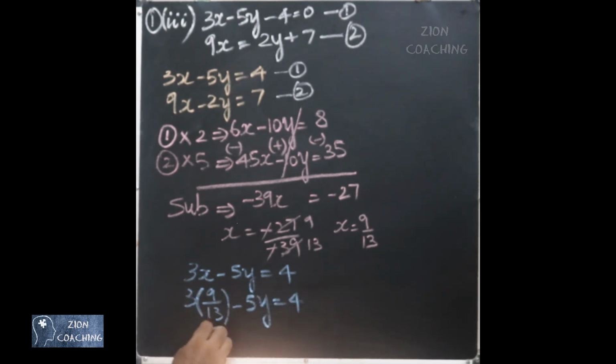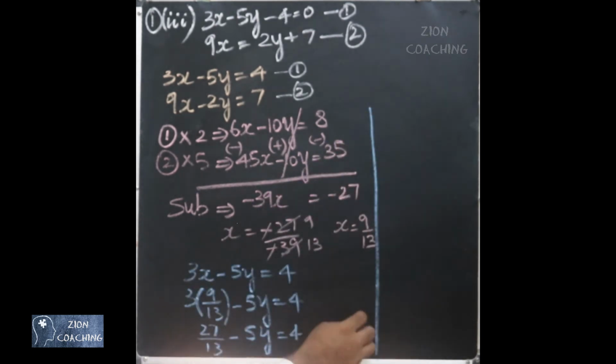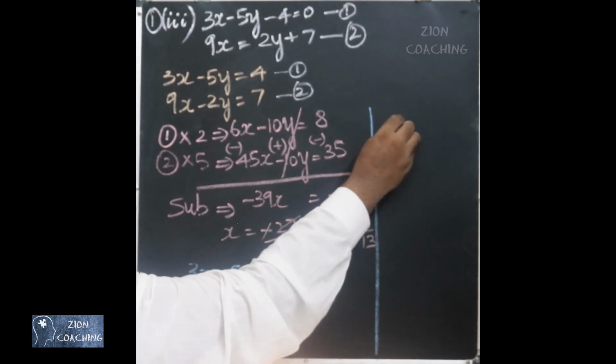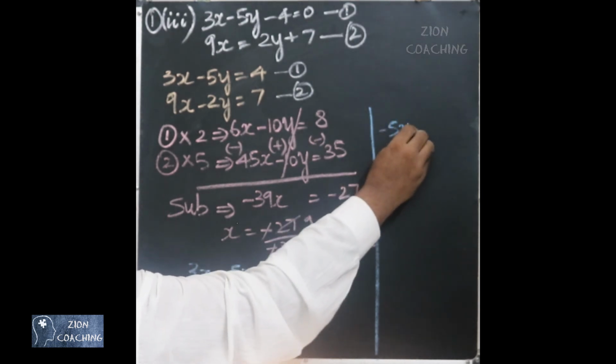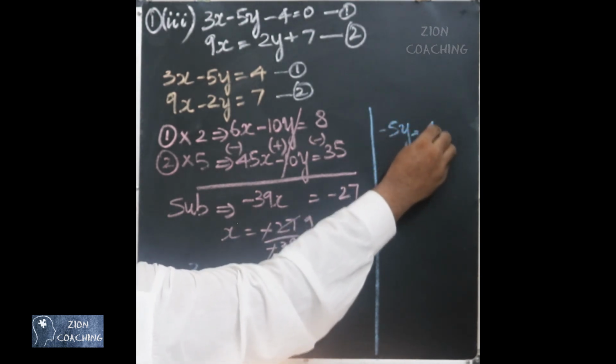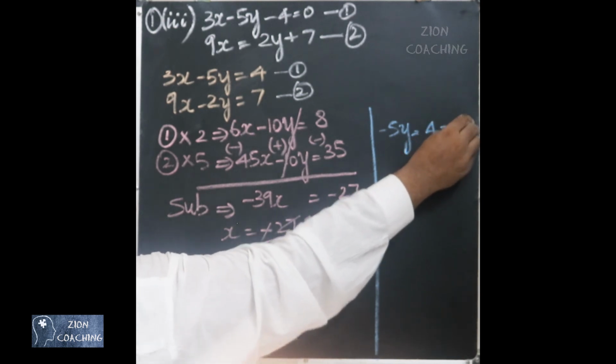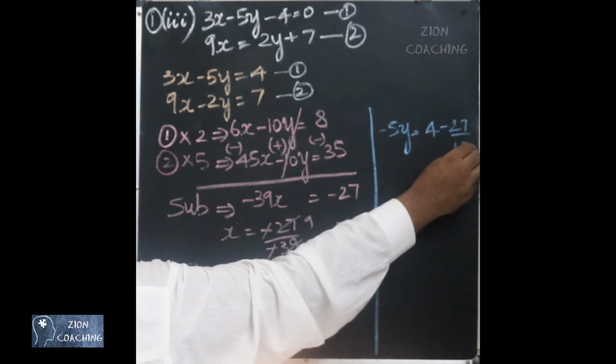That is 3 9s are 27. 27 by 13 minus 5y equal to 4. Taking the number to the other side, we will have minus 5y equal to 4 minus 27 by 13.